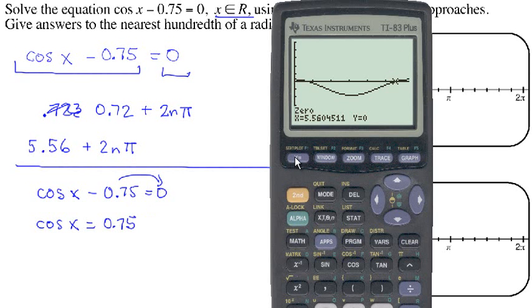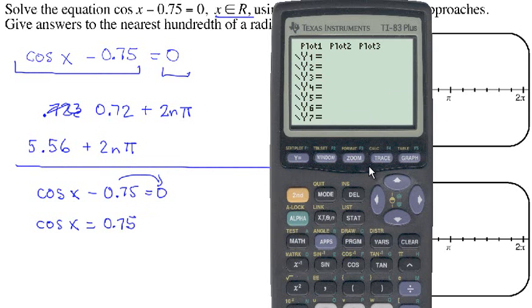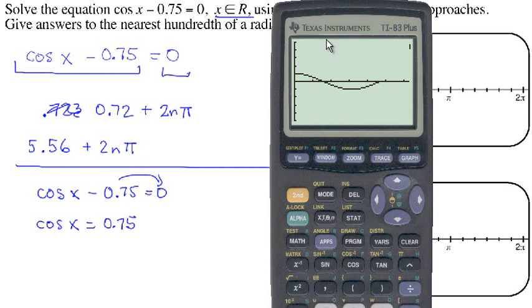If we graph that, we'll go back here. Now my graphs are just going to be cosine x, that's the left side of the equation, and 0.75 on the right side of the equation. Graph those. I still have the windows from before, so I don't have to do any changes there.